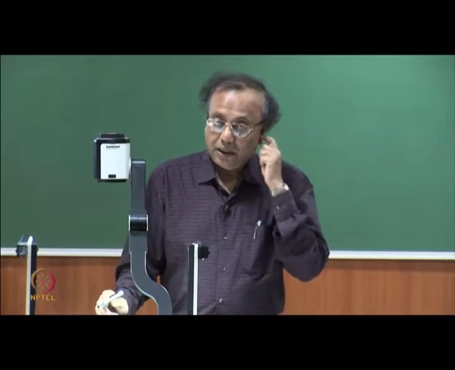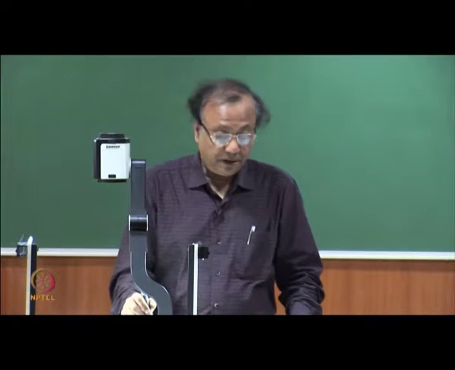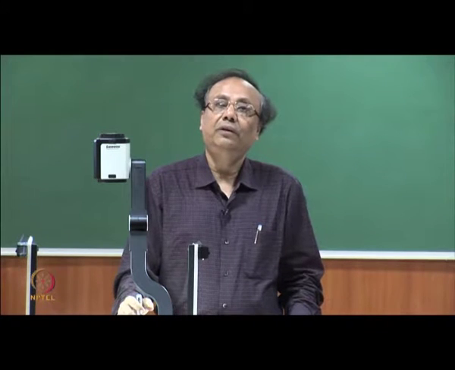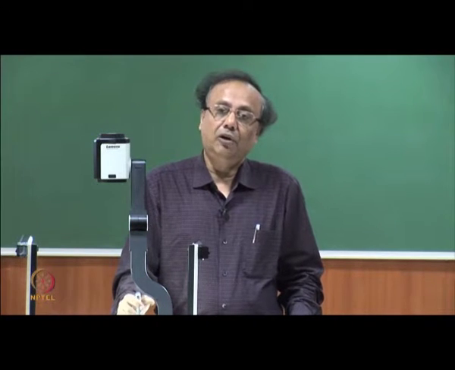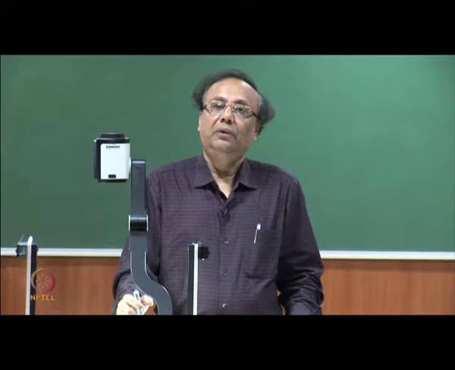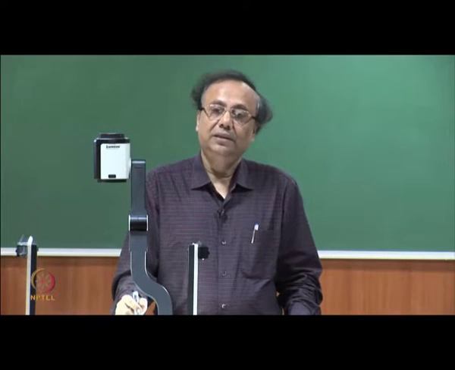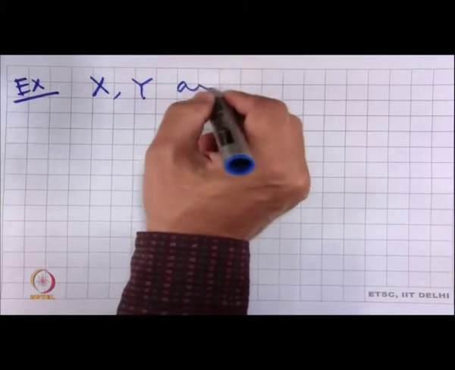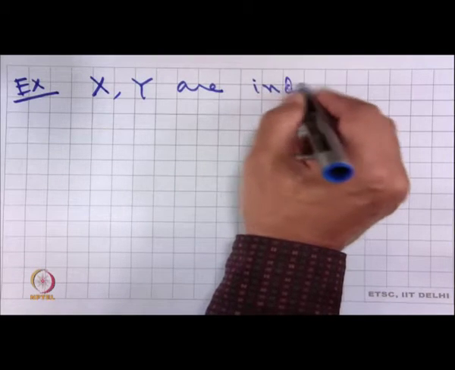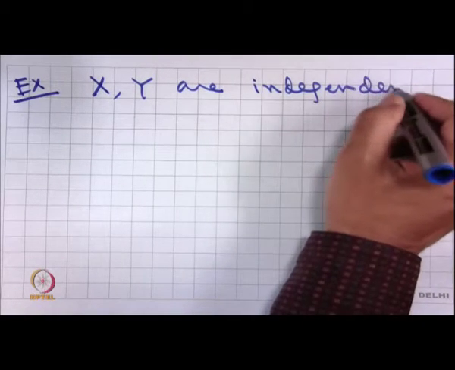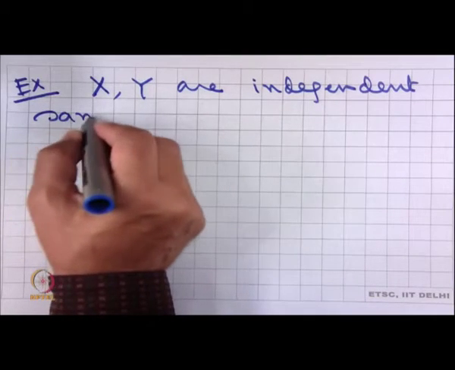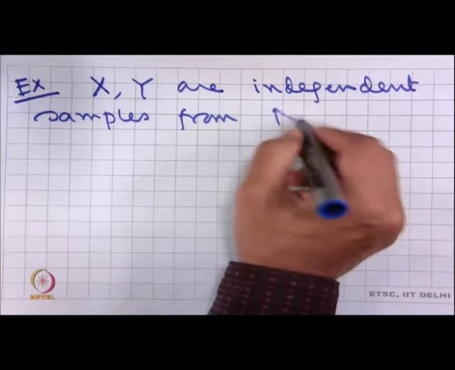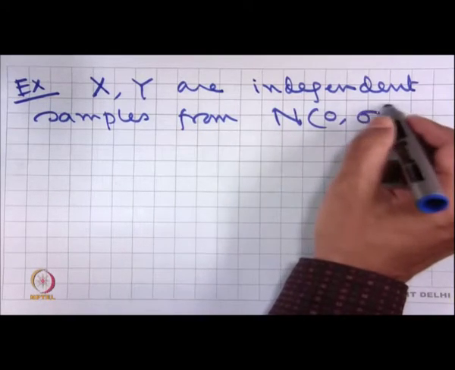Now I give you a problem where I will go beyond exponential and uniform. In particular, I will look at normal distribution, and we shall see how complicated it becomes. X and y are independent samples from normal 0 sigma square.